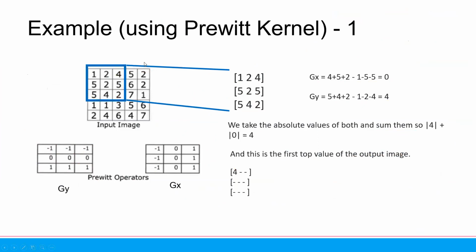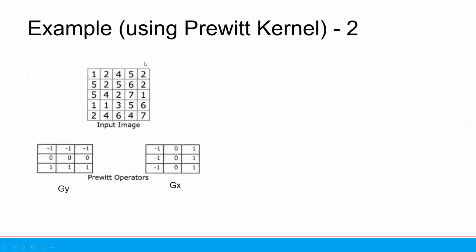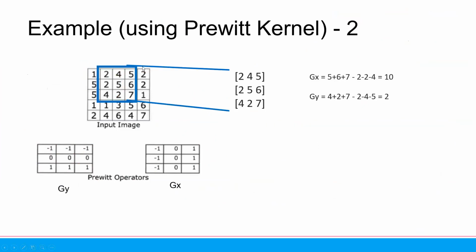So what next? Next, we will shift, not the first one only, but we will shift checking the next row. So we have 2, 4, 5, 2, 5, 6, 4, 2, 7. And again, we will do it with Gx and Gy.